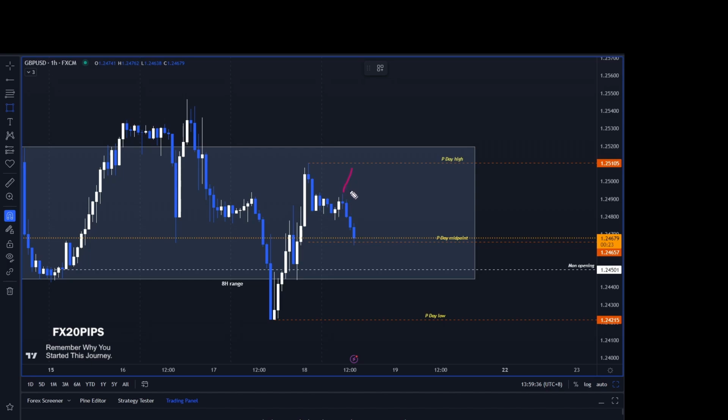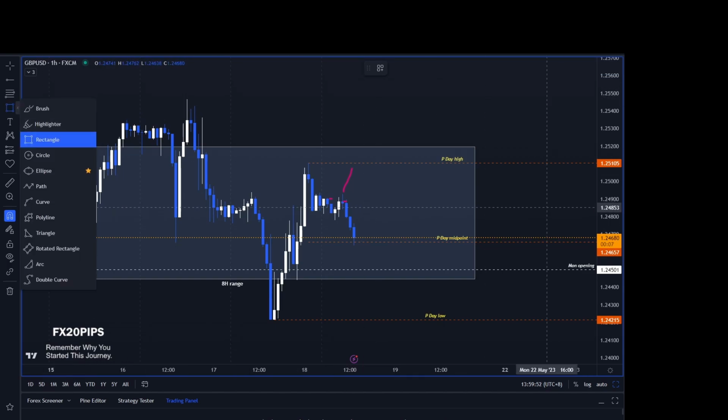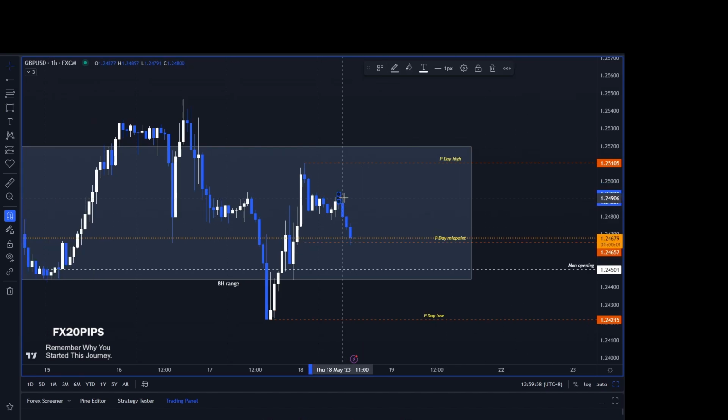So the highest point, and I can draw the box to here, which is the opening, or to here, which is also the opening. Let me draw it up so you should be able to see much clearer. So I put a box here, here.